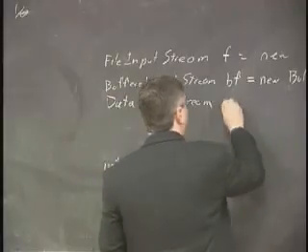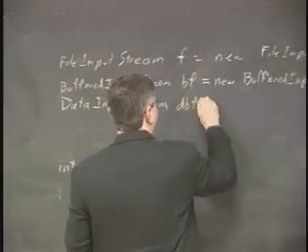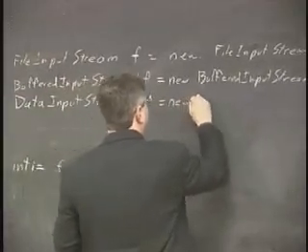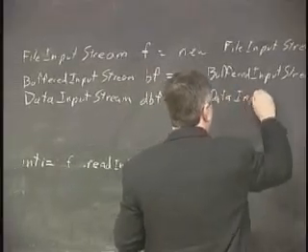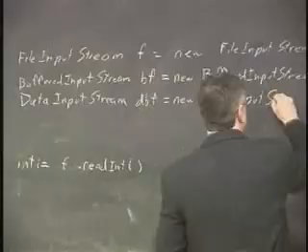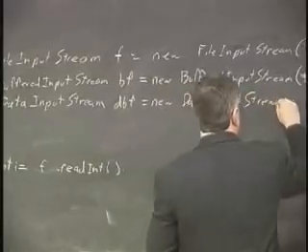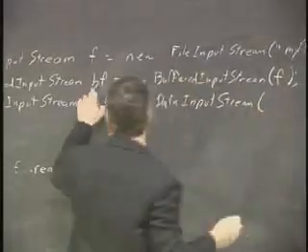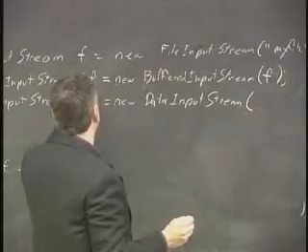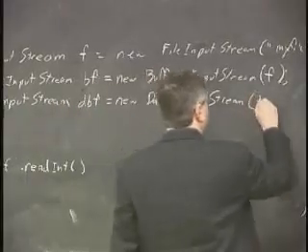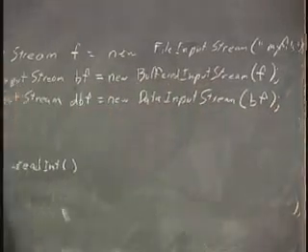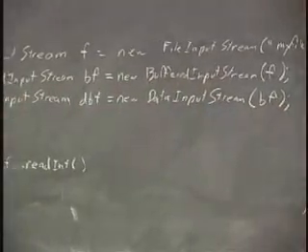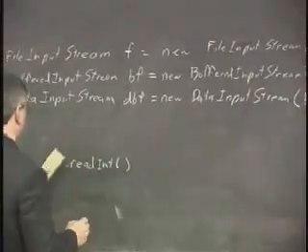All right, so dbf equals new data input stream. And the thing we want to pull our marshalled data out of is the buffered stream, so we give it the buffered stream as a constructor. And now we are finally ready to actually read something.